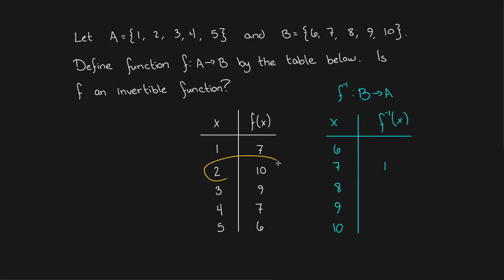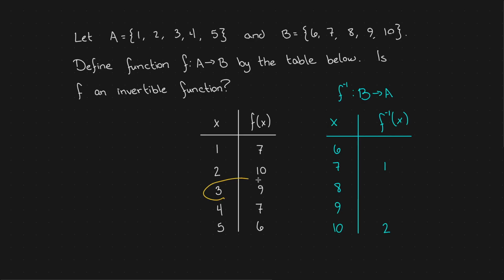Right? Next one. If we plug 2 into function f, we're going to get 10 out. So if we're going to reverse that, if f inverse exists, then if we plug 10 into f inverse, we're going to get the value of 2 out.